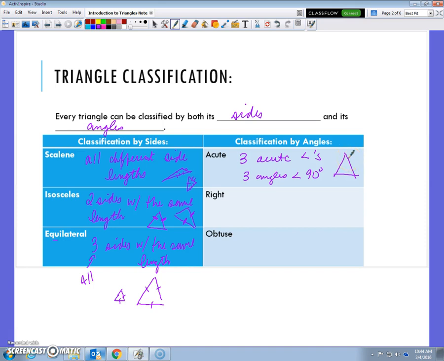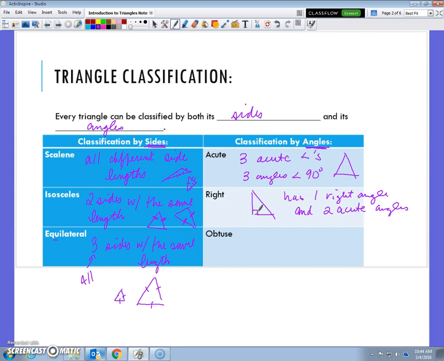So on the left we're classifying by sides. There are certain ways we would describe a triangle. And now we're also classifying by angles. A right triangle has one right angle and two acute angles. We signify the right angle with the little box looking thing, and it tells you that it's 90 degrees.